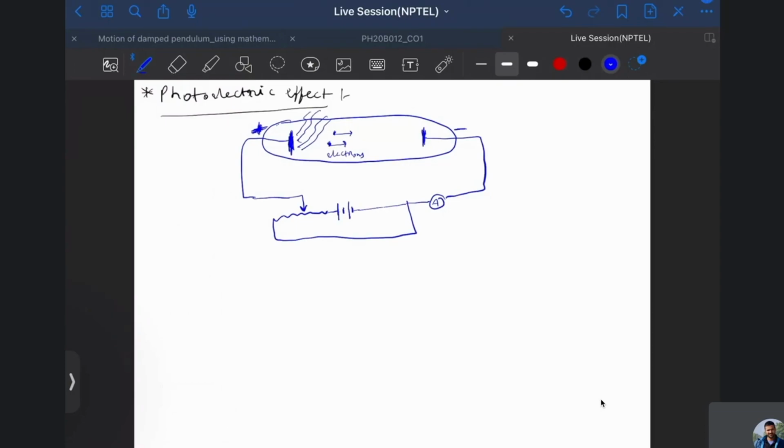Okay, now the kinetic energy of these electrons, we can write an expression for that.